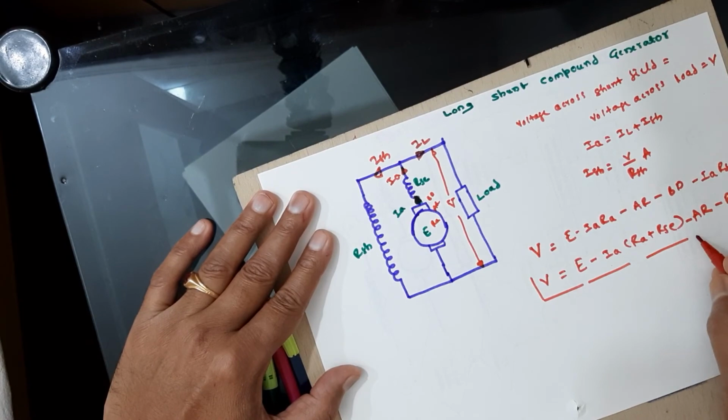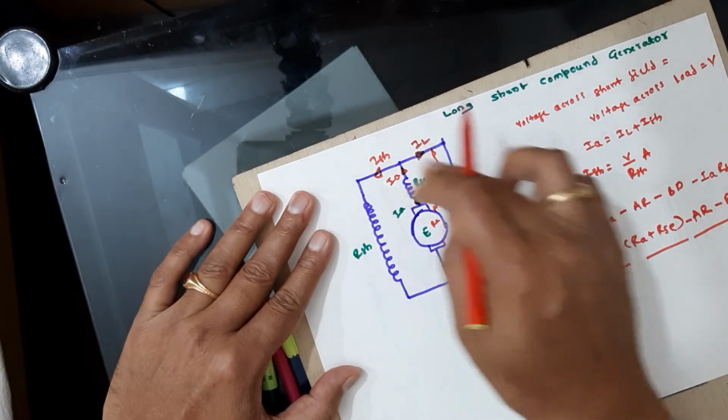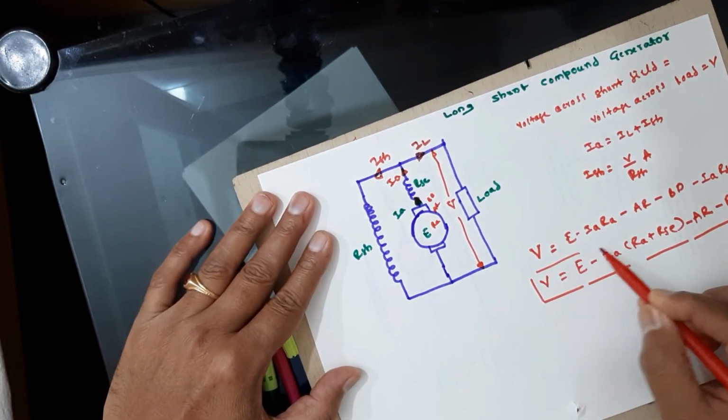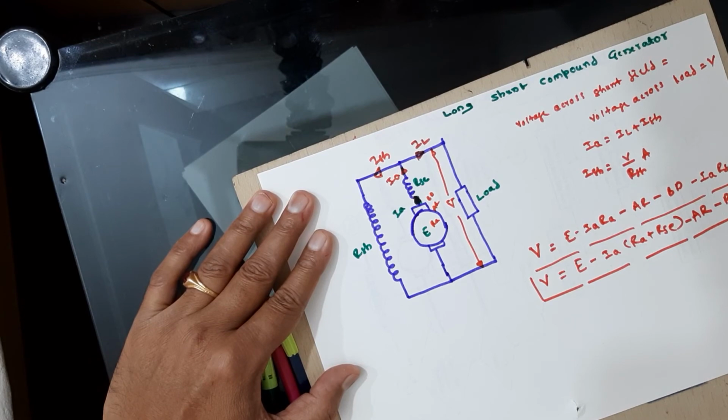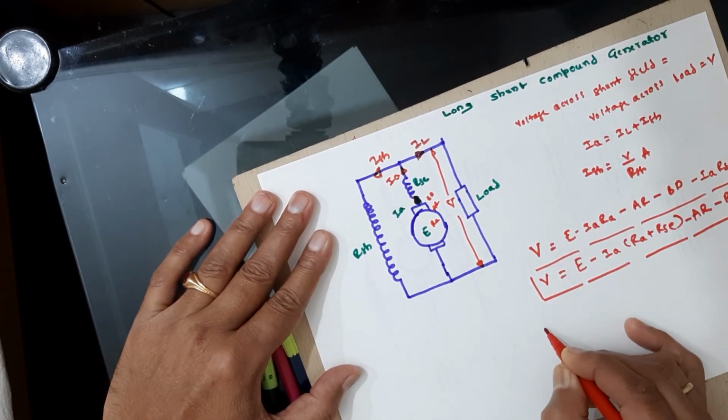There is no need of remembering the things. You just have to draw the circuit, mark the currents and the voltages at the different points, and then establish the relation. That's all. Similarly, you can write the power equations.